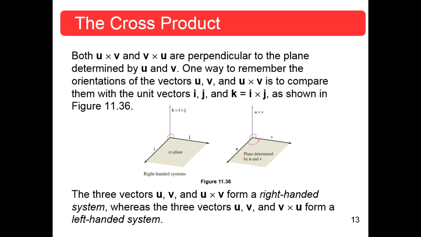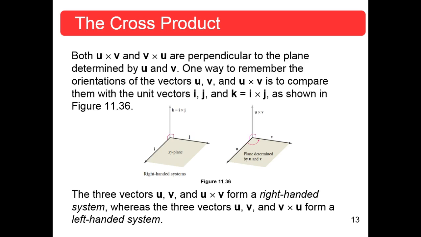Two vectors, as long as they're not parallel to each other, are going to define a plane. Now, the cross product will then be perpendicular to that plane.